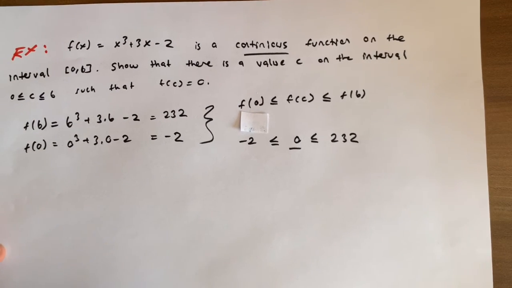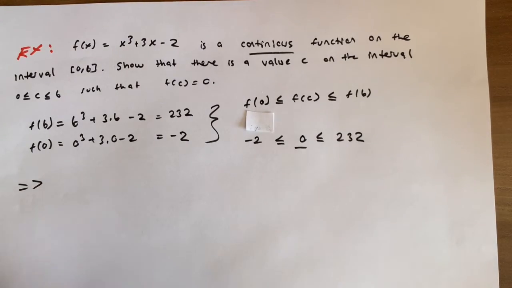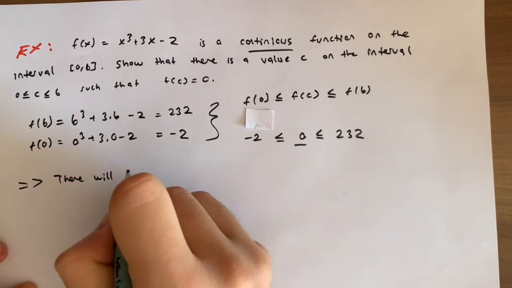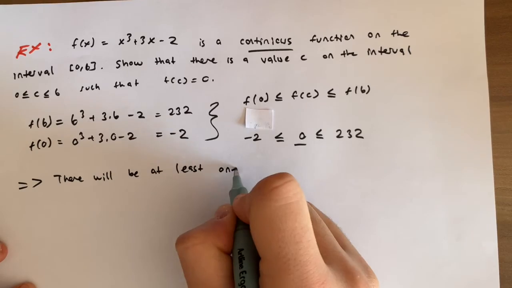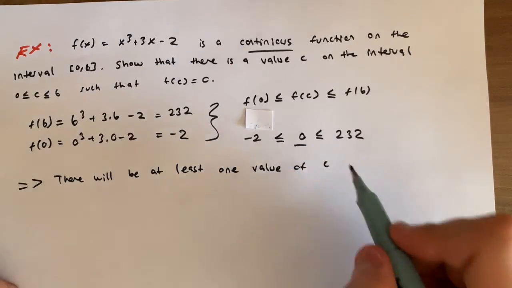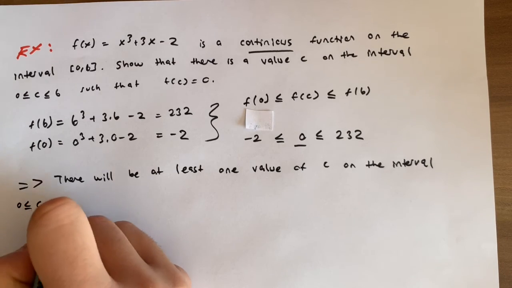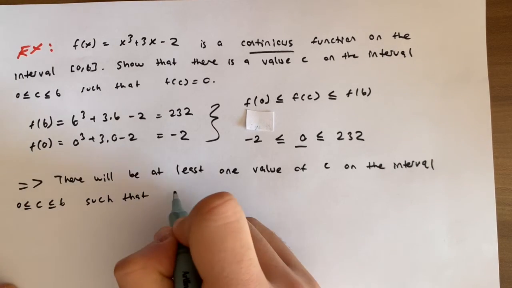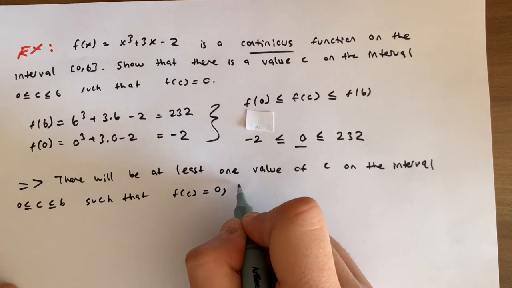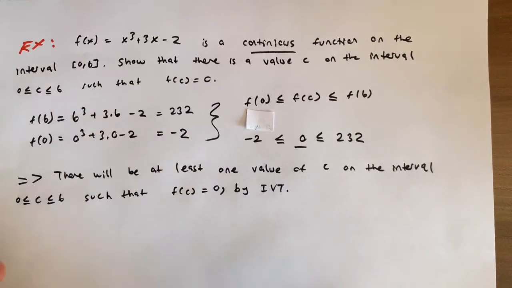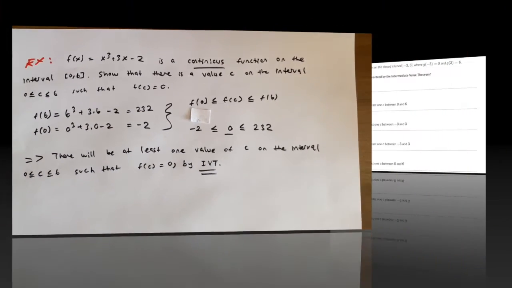What we are going to write is this. So this is a typical kind of sentence. You have to write these sentences in the end, and don't forget to write the rule that you are using.